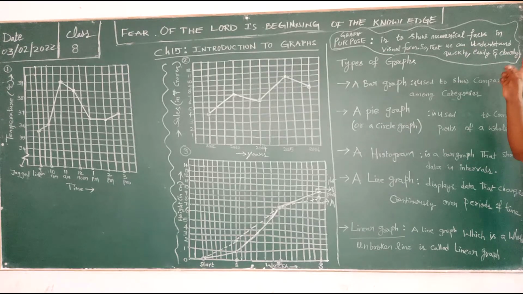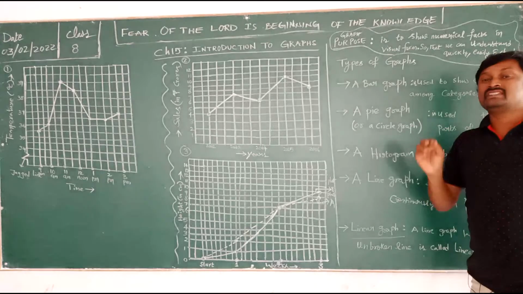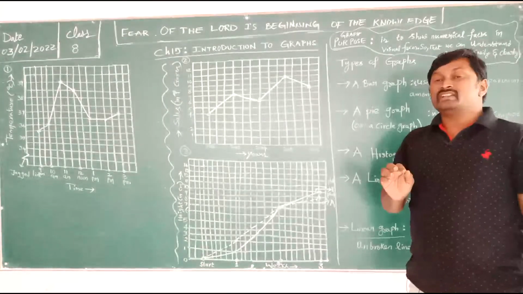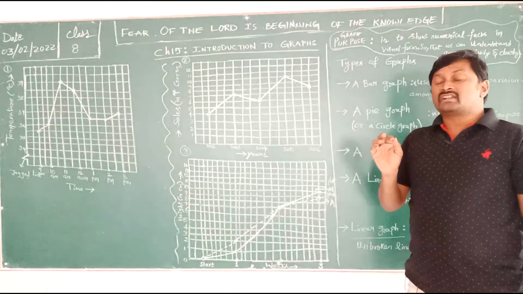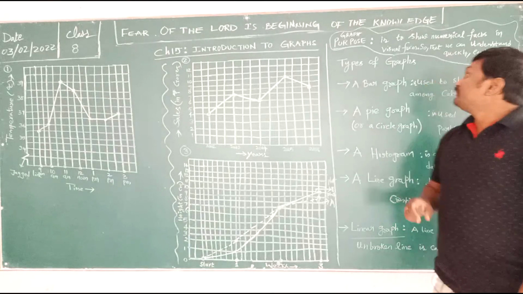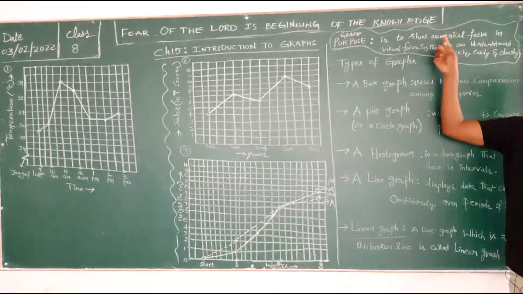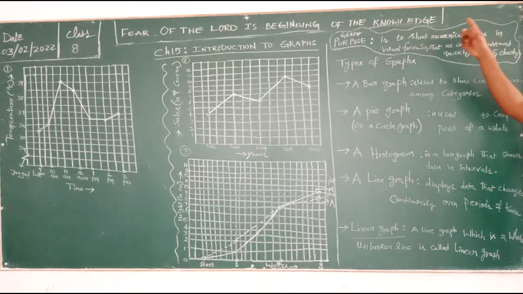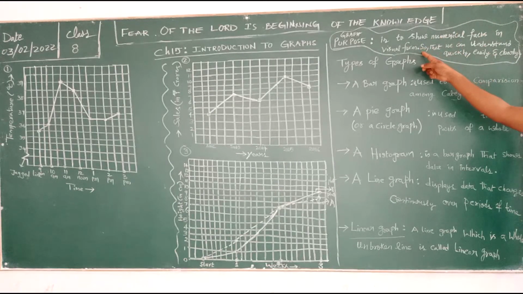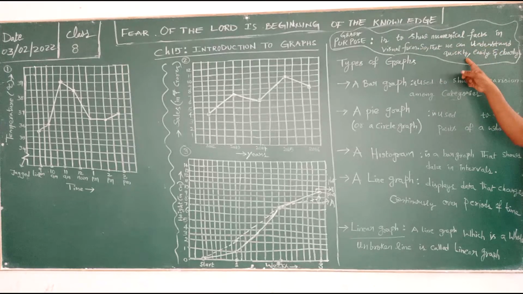That is the reason we use graphs. What is the use of graphs? Graphs are used to represent or show numerical facts in visual form, so that we can understand quickly, easily, and clearly.